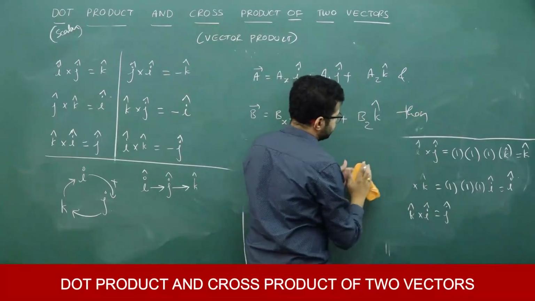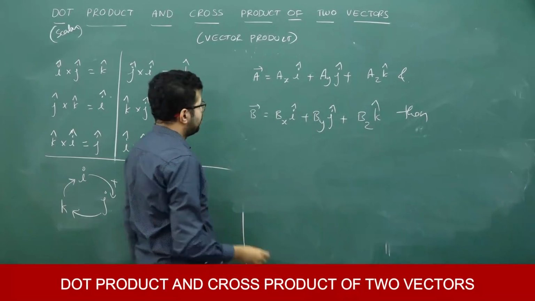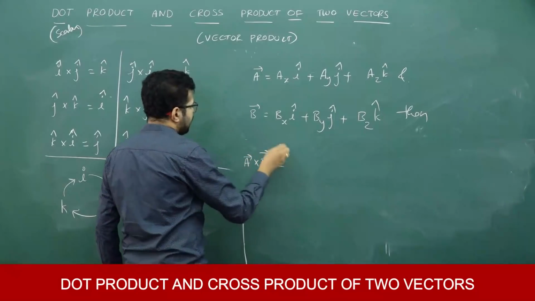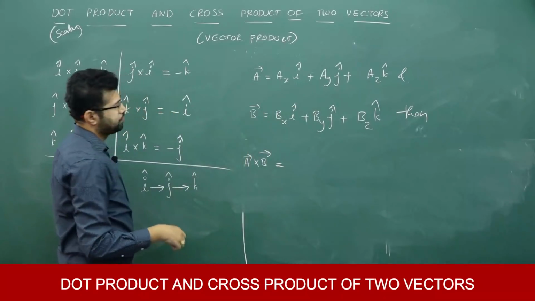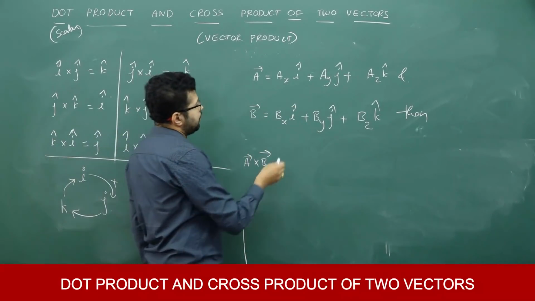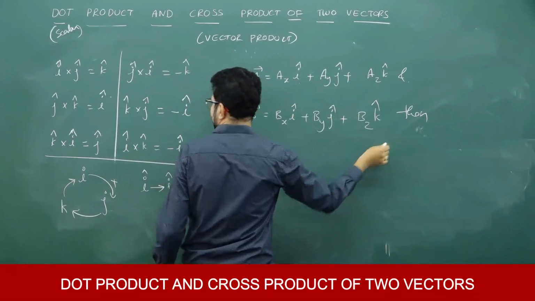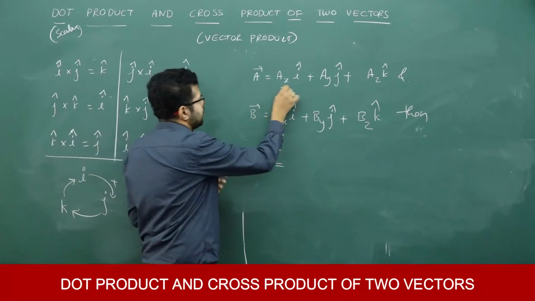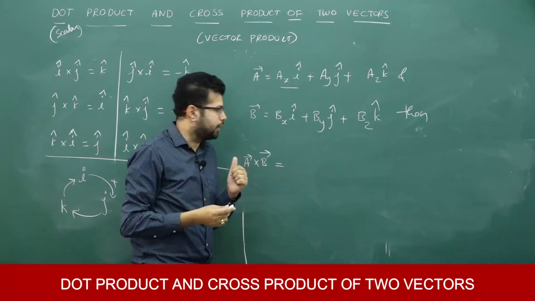Then how to find A cross B? Here you can multiply individually. We know i cross i is 0, correct? But we will get an answer if I do i cross j is k, i cross k is minus j. So we will get two terms for one multiplication, so 6 terms in all.